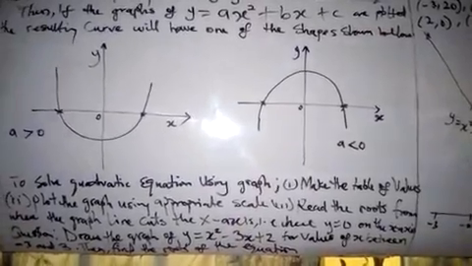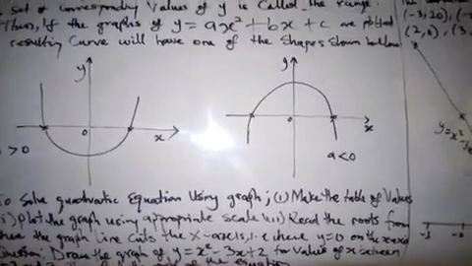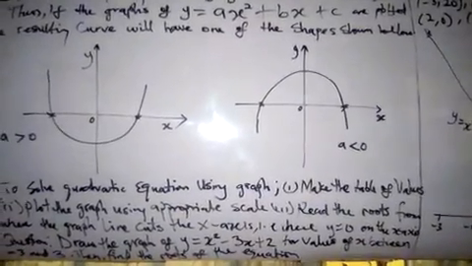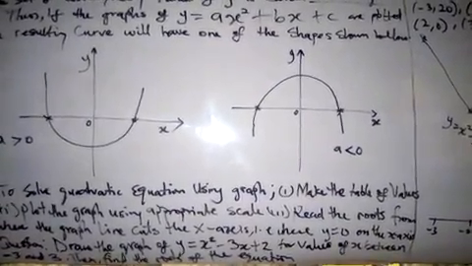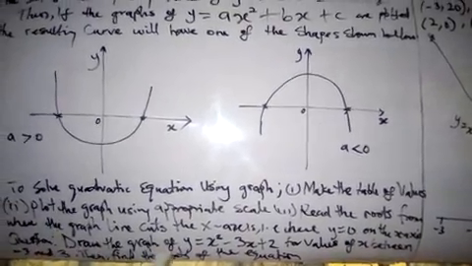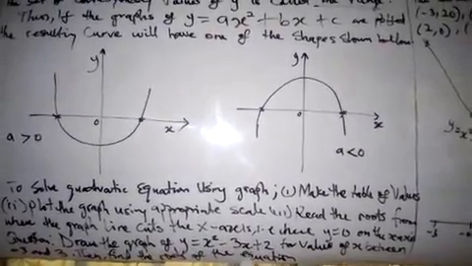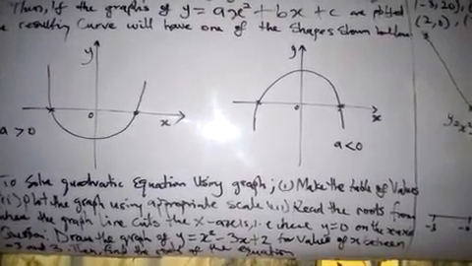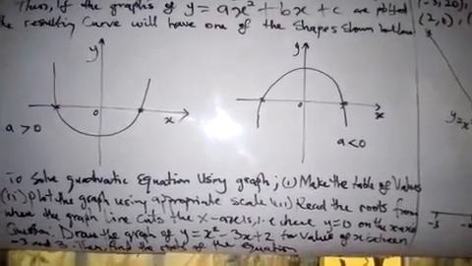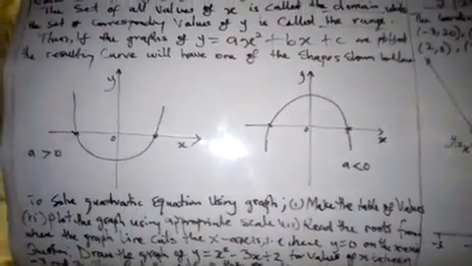So let's quickly go to solve a question so that you can see how to go about it. Please take note of it. Now the question says, draw the graph of y equals x squared minus 3x plus 2 for values of x between minus 3 and 3.